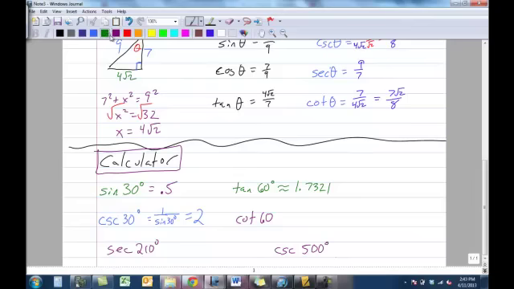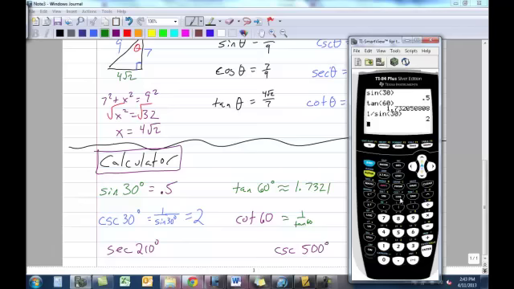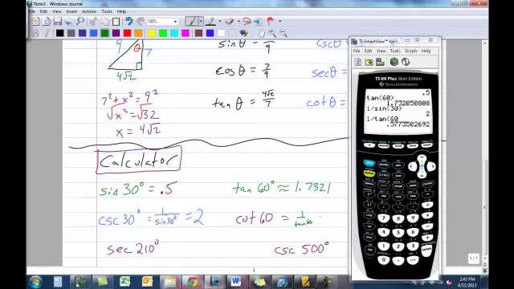All right. So cotangent is 1 divided by the tangent of 60, which is approximately 0.5774. Let's go to 4 decimal places.